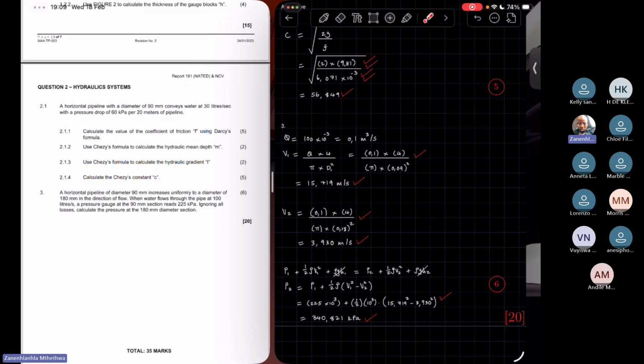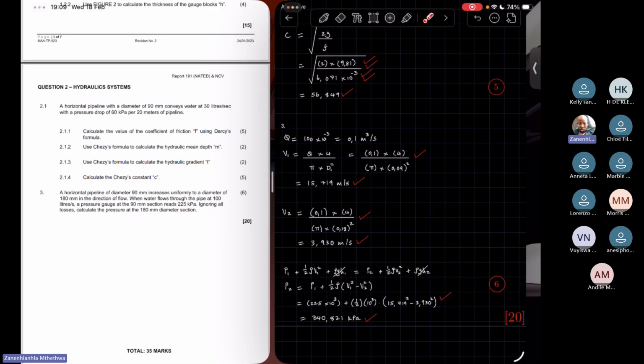So the way the information is given is based on the direction of flow. The fact that they mentioned the 90 millimeters first, increasing to 180 millimeters in the direction of flow, means that 90 is our inlet and 180 is our outlet.